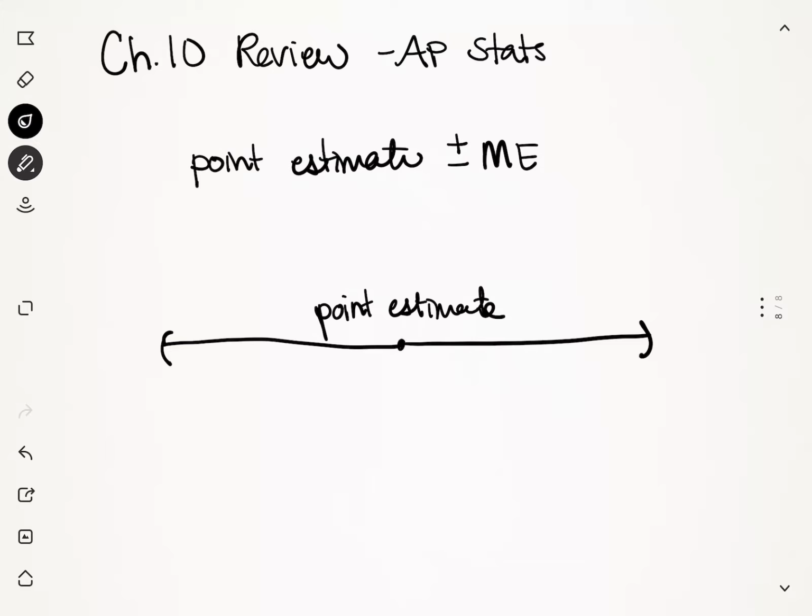Okay, so we talked about three different types of confidence intervals. I want to go over each one, what you need for each type of interval, and how to tell which type of interval you should be using. Let's start off with a one sample z interval.